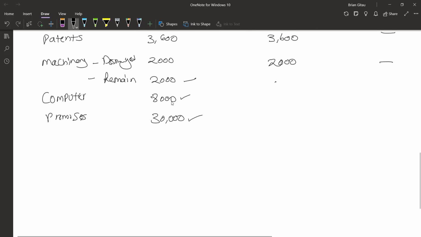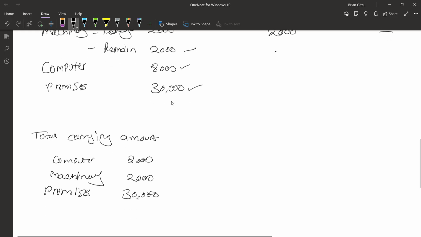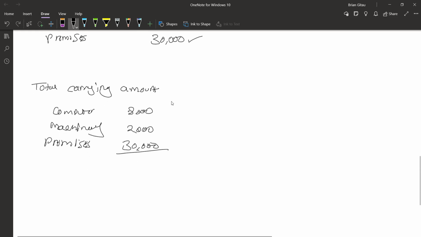So we have the total carrying amount, given by computer 8,000, machinery 2,000, that is 10, and premises 30,000, that will give us 40,000.